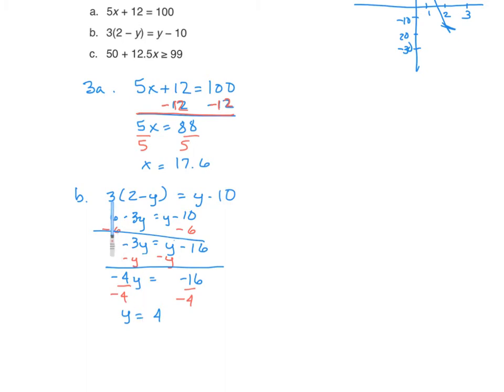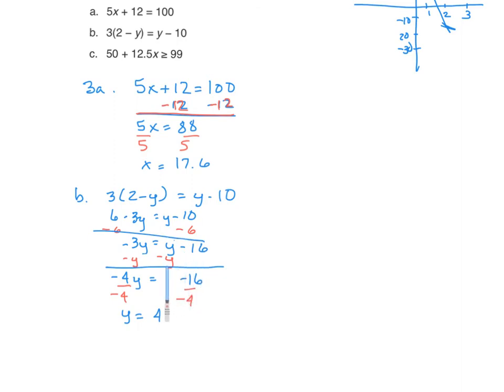So I've got the 6 minus 3y, distribute that 3, equals y minus 10. And then I'm deciding to move my 6 over to the side. So I subtract 6 from both sides, and that gives me negative 3y equals y minus 16. Because negative 10 minus 6 is negative 16.